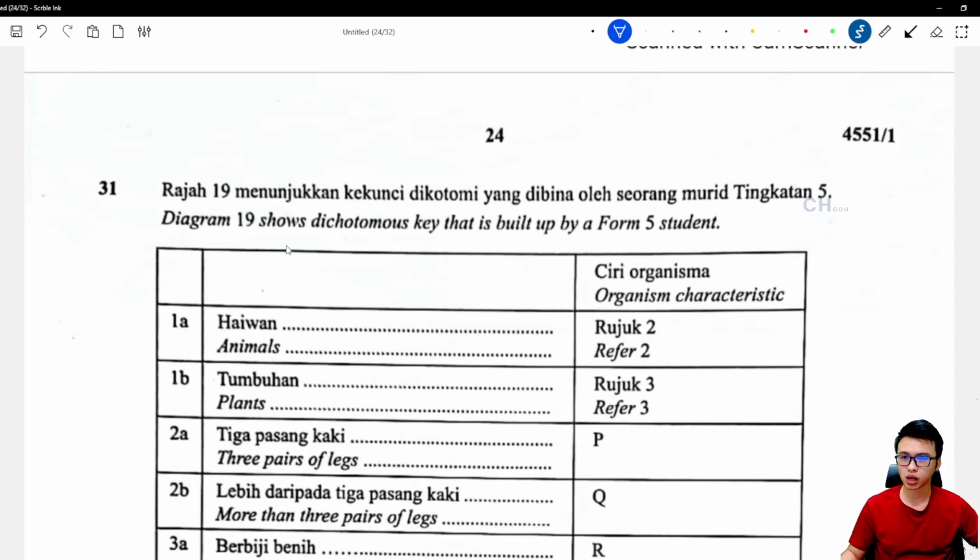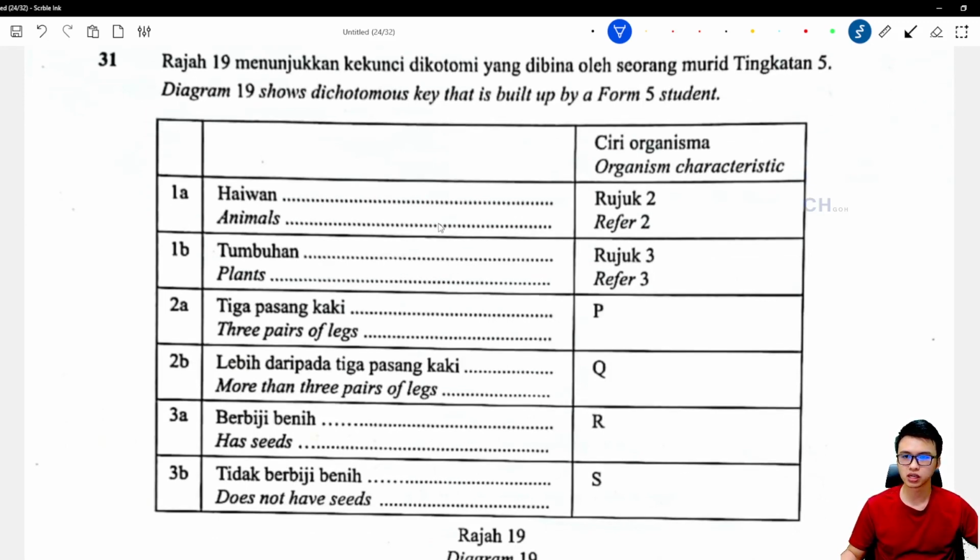Okay, question 31. Diagram 19 shows a dichotomous key that is built up by Form 5 students. Alright, so Form 5 students is not the key point here, but we will see animals will go to 2. So 2A and 2B, both of them are animals.